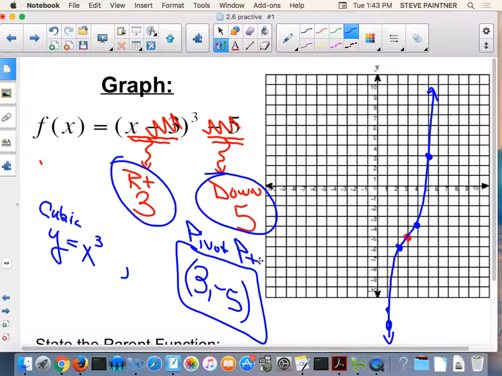I know, but I don't like the book in this one. I just don't like the book. The book does a terrible job with this.